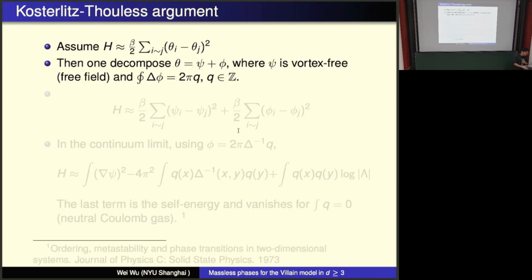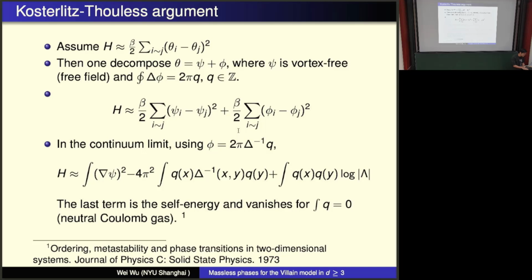They have a heuristic argument saying that the vortex contribution turns out to be independent of the free field, and it interacts like a neutral Coulomb gas. So it's a two-dimensional argument, and they argue that the vortices behave like a neutral Coulomb gas.